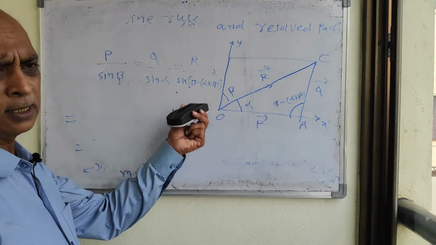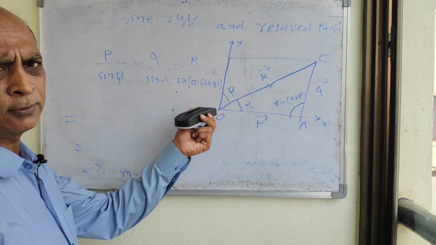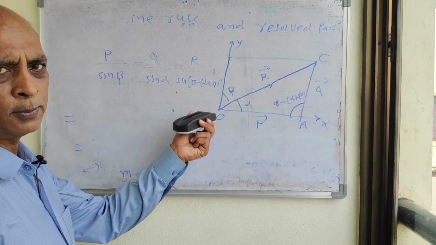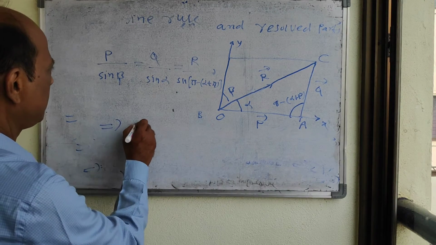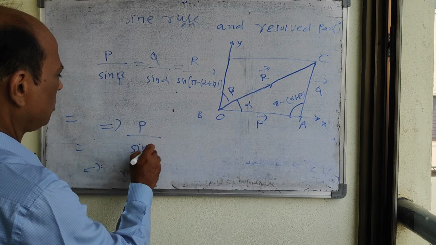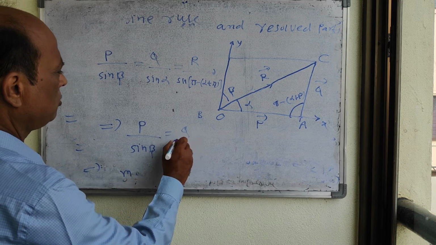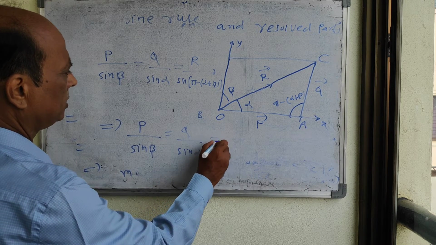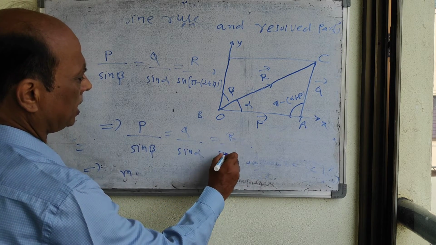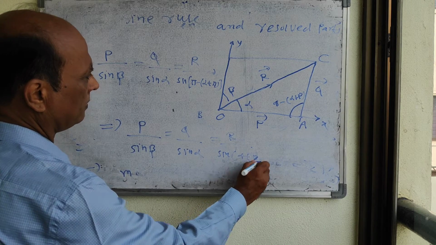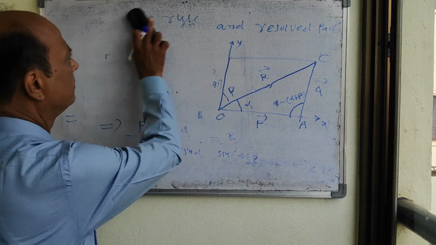All of you know that sine of (pi minus alpha minus beta) means sine of (alpha plus beta). So this implies that P upon sine of beta is equal to Q upon sine of alpha is equal to R upon sine of (alpha plus beta).